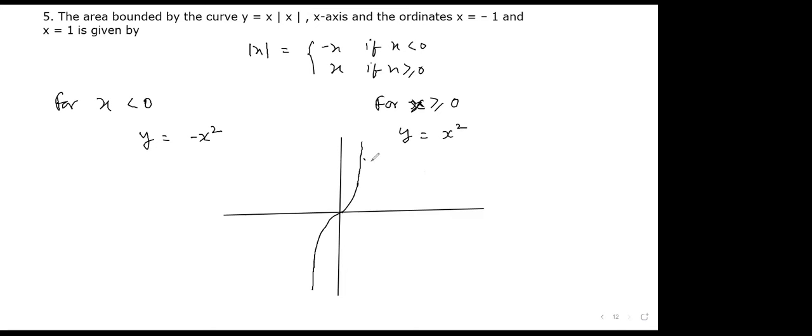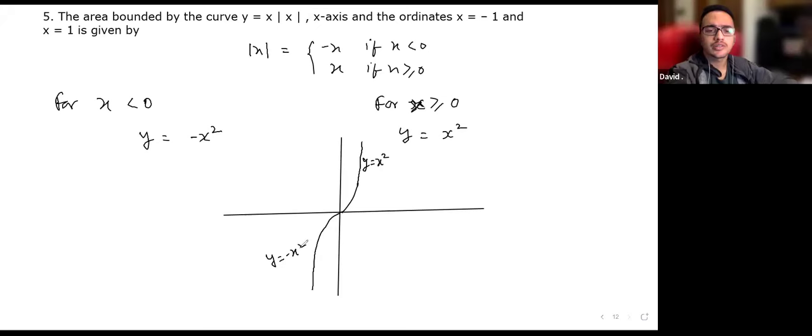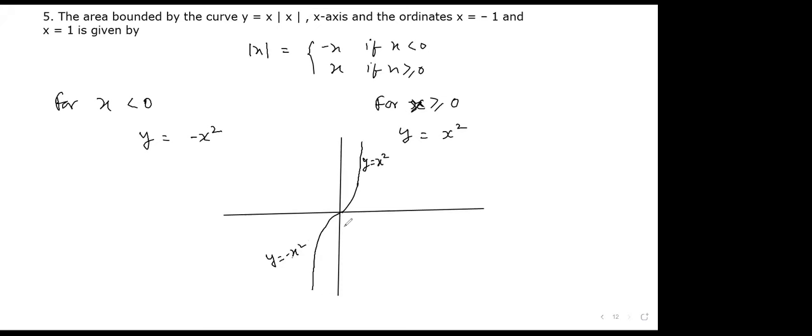This is y equals x square, and this side is y equals -x square. If you take x equals -1, then it is -1. If x equals -2, then it is -4. If x equals -3, then it is -9. Why -9? Because of the negative sign before -3 square, and -3 square is +9. So this will be the graph.